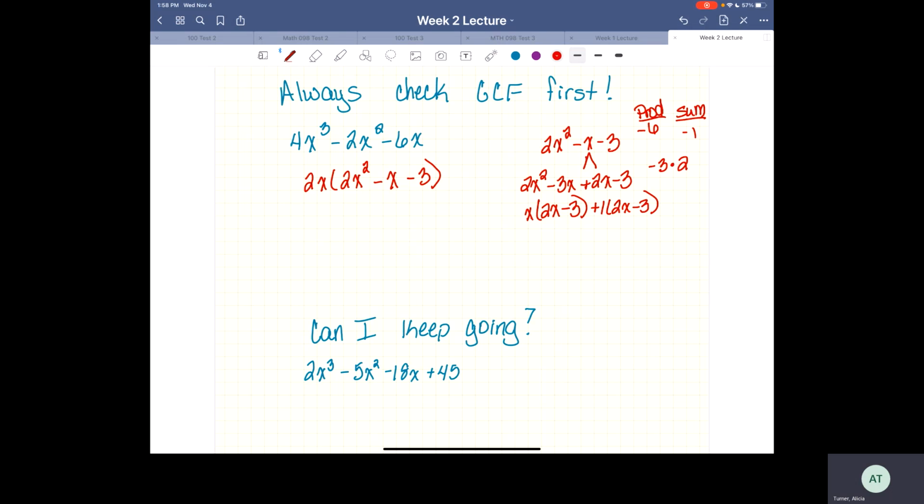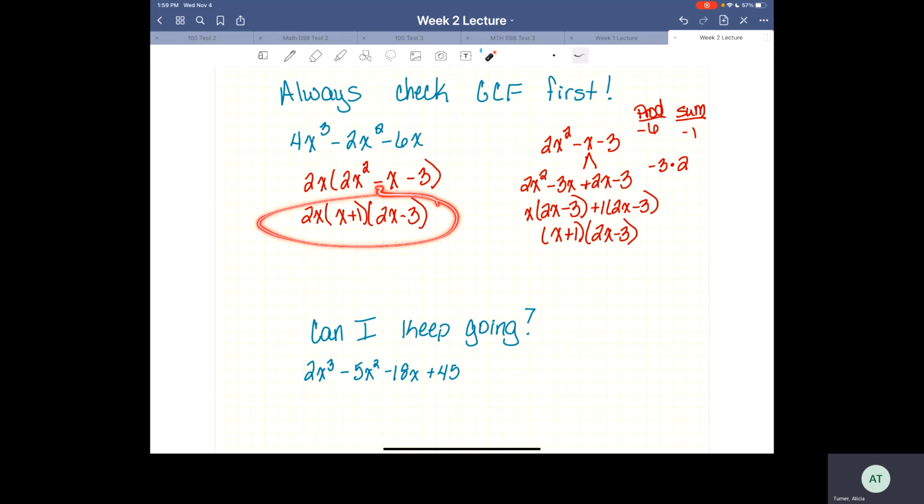So I have x plus 1 times 2x minus 3. So then I go back. Don't forget your GCF that you factored out. Okay. So this is my final answer. Keep going. If you can keep going, keep going. Don't stop as soon as you factor out that GCF.